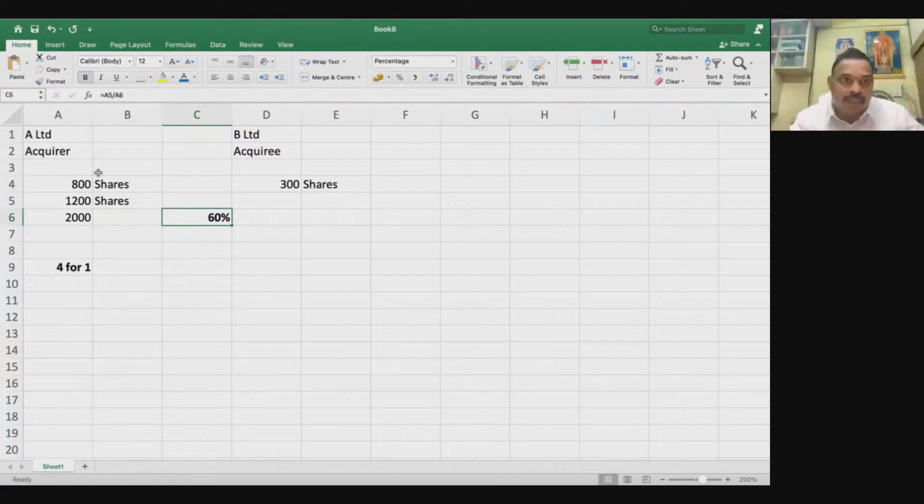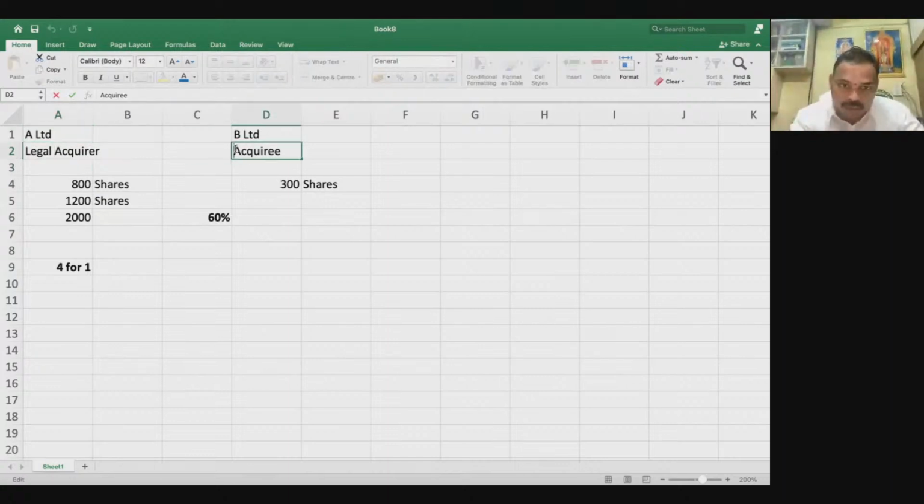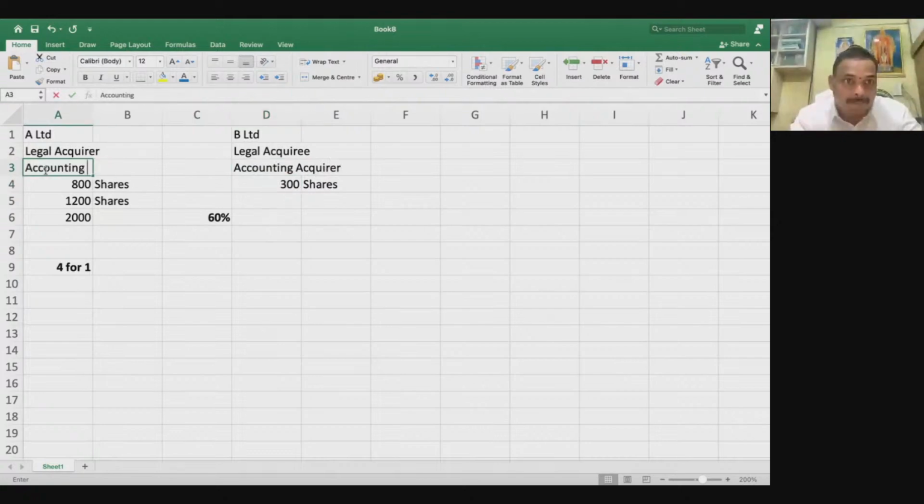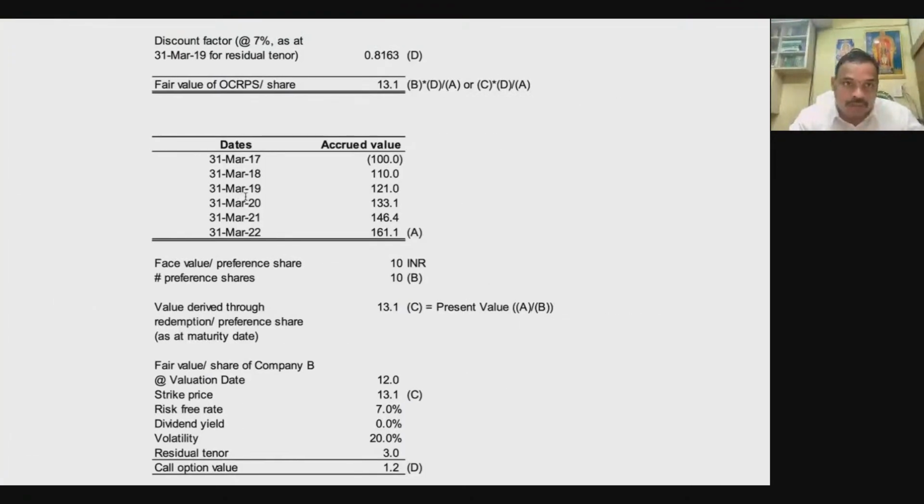Then he becomes legal acquirer. Legally A is acquiring, but you become the accounting acquirer. So that is what this question says.